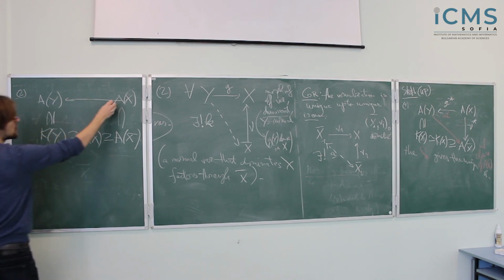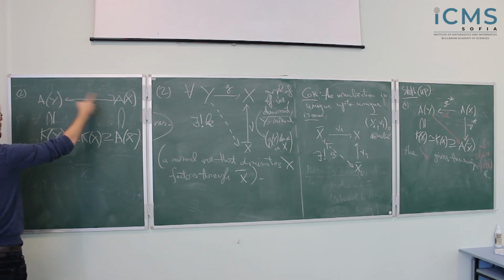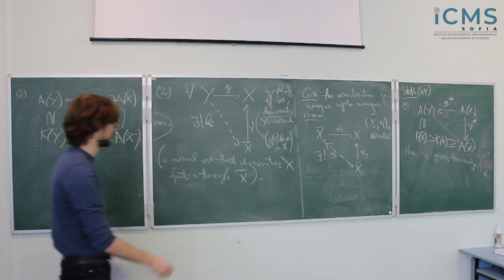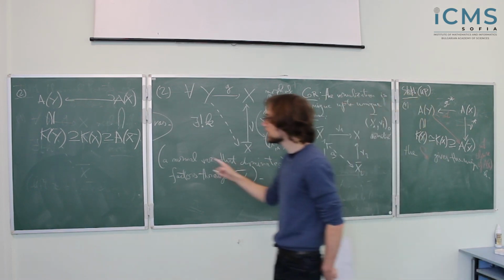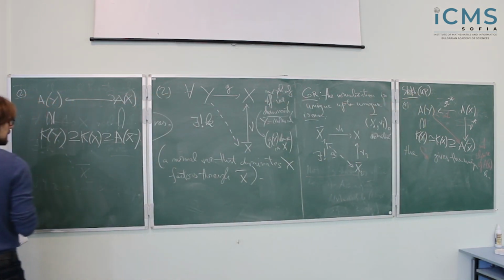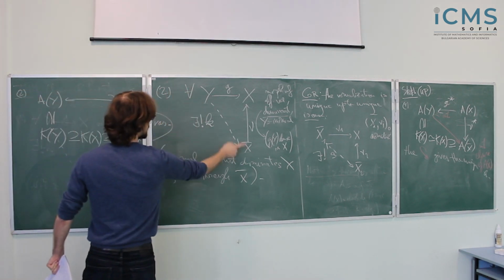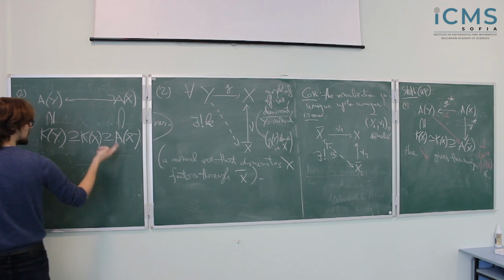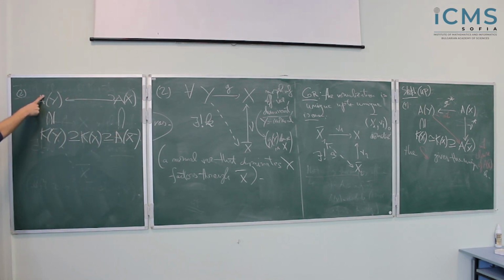It also happens to be an inclusion because it composes to an injection here. Okay, but let's see what we need. What we need is a morphism that goes from Y to X bar. On the coordinate rings, we need a morphism from here to here.